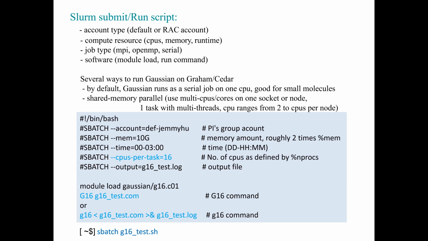But Gaussian is an OpenMP type of code, which means it's a shared memory code. We have explained it here, and it can only run on CPUs on one node. It cannot cross different nodes. So that's the basic knowledge to understand Gaussian for now on Compute Canada clusters.